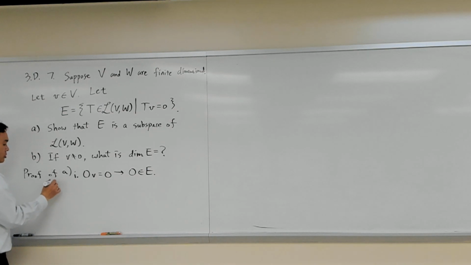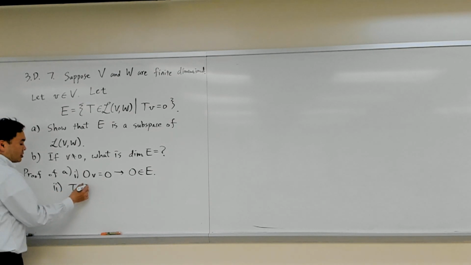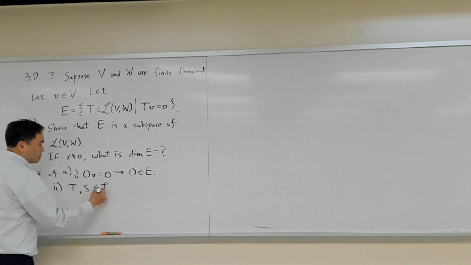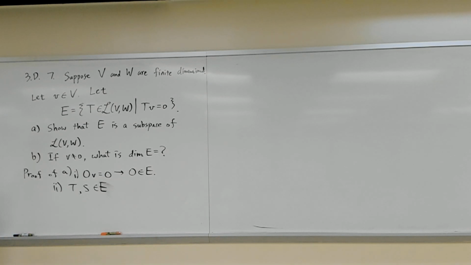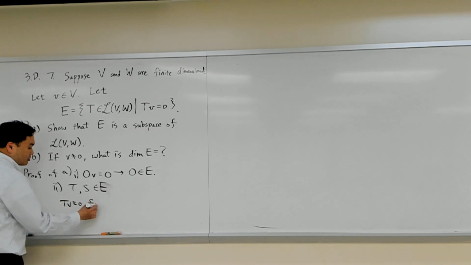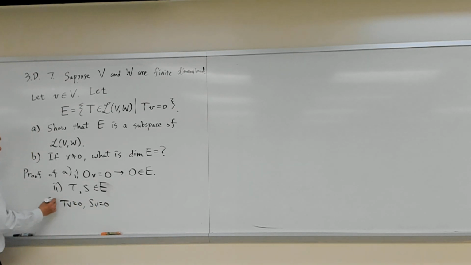Part 2, you have to show that if two maps T and S are in E, then T plus S is also in E. But T and S in E means T of v is 0 and S of v is 0, right? That's what it means.